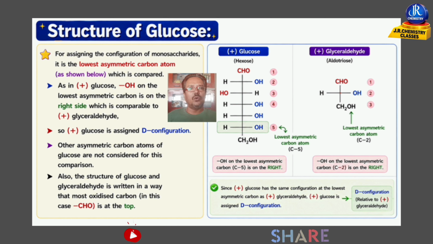So plus glucose is assigned D configuration. Other asymmetric carbon atoms of glucose are not considered for this comparison. Also, the structure of glucose and glyceraldehyde is written in a way that the most oxidized carbon is at the top.